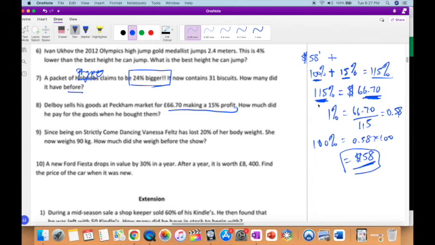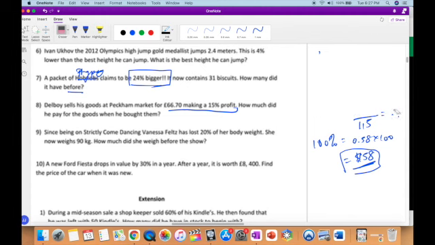So what's the 15%? That'll be 66.70 minus 58. And the 15% is $8.07 there, right? So the $58, the $8.07, and that is it. Any questions on this stuff so far?